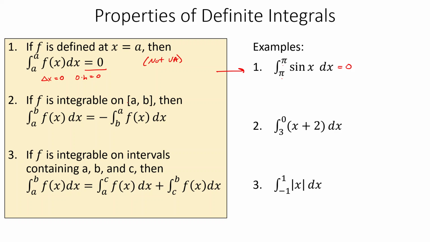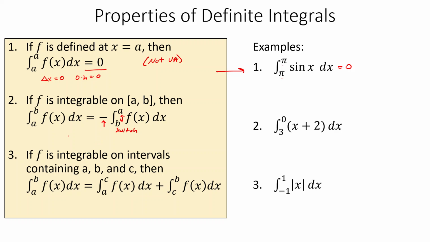All right, next property. If f of x is integrable on a to b, so if we can actually take the integral from a to b of f of x, and it's some number, whatever it is, if we switch the bounds, switch the order, then we end up with a negative sign out front. So it negates it, it switches the sign.